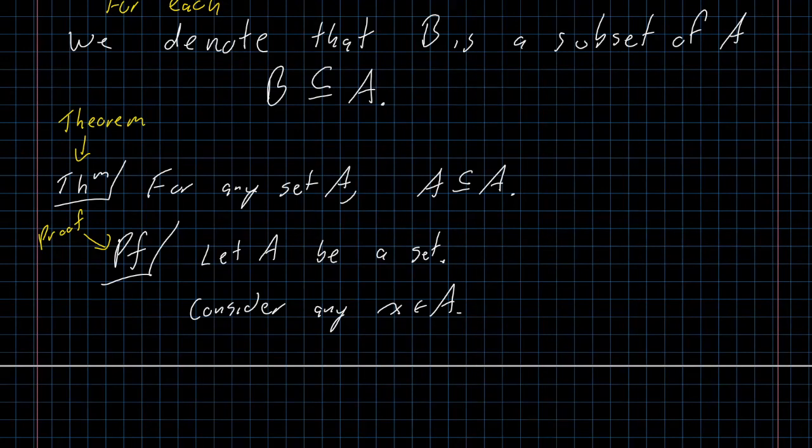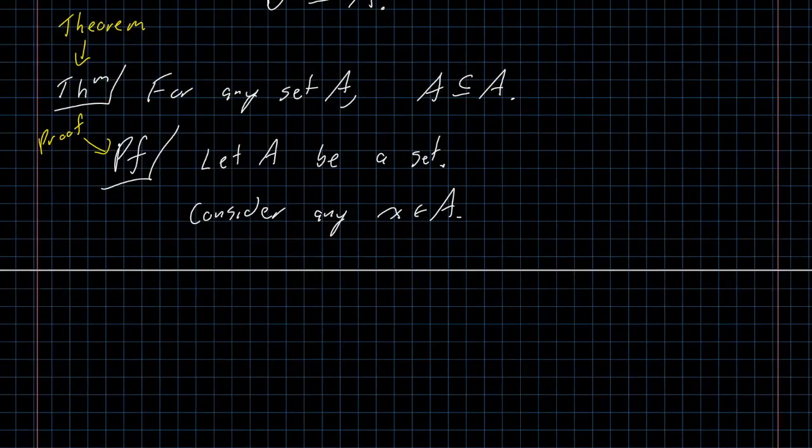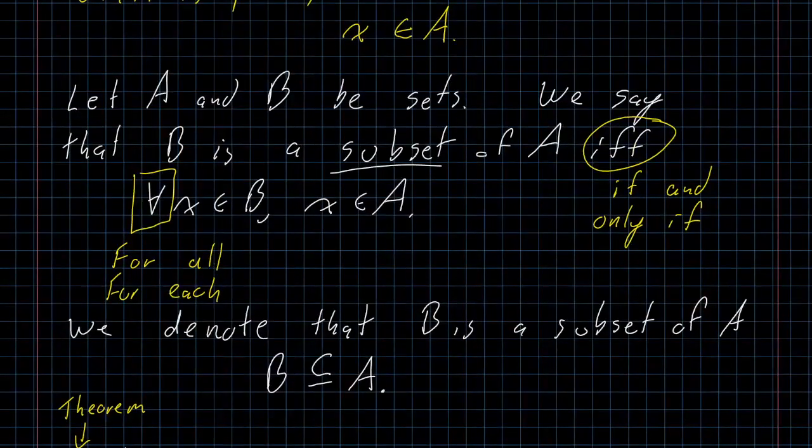So looking at our definition of a subset, the definition talks about elements. So let's find a random set called A, and let's find an element of that set. And so the definition of a subset, if I scroll back up, says that for any element of the subset, that thing is an element of the original set.